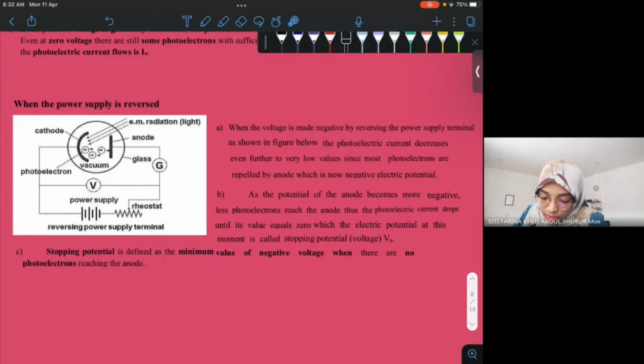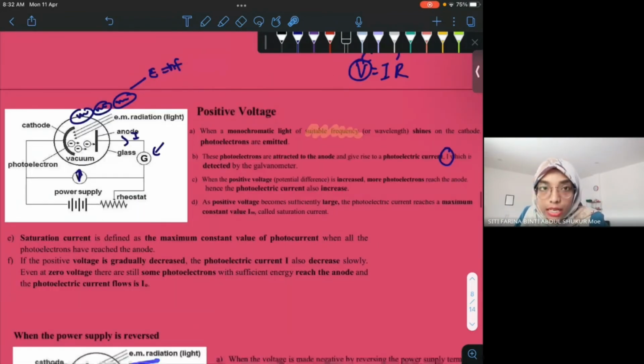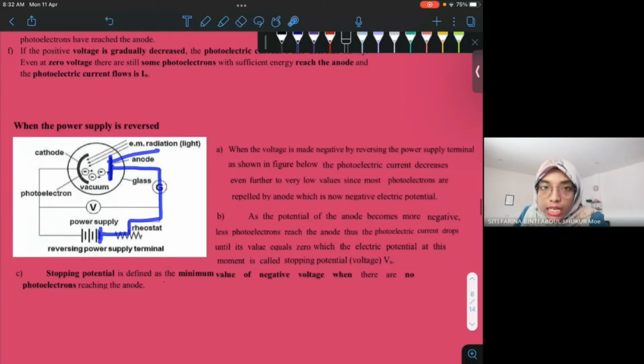Okay, so bila ini sekarang kita reverse, dia dah jadi negatively charged. So your anode which is connected to the negative terminal is now negatively charged. Tadi anode kita positif. Sekarang anode kita dah jadi negative.